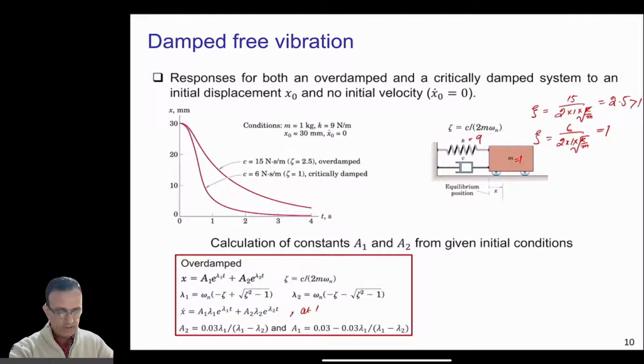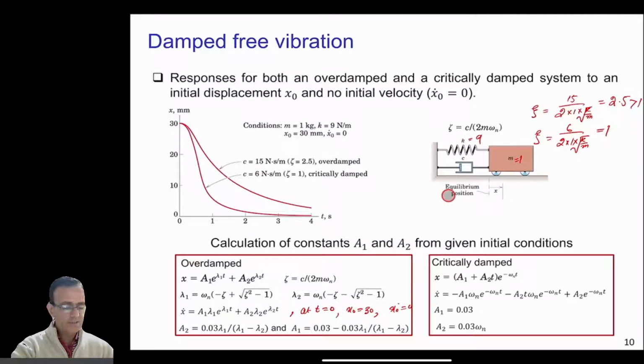At t equals 0, x naught is equal to 30, or 0.03, and x naught dot is equal to 0. If you put the initial conditions in x and x dot, you will get a1 and a2 in terms of lambda 1 and lambda 2. Then you can plot x with respect to time, and you will get this curve here.